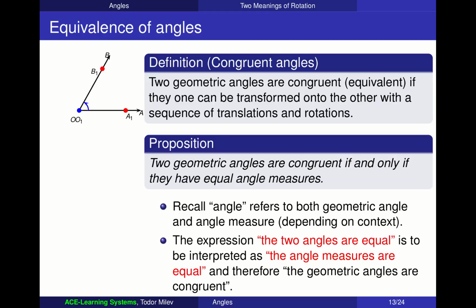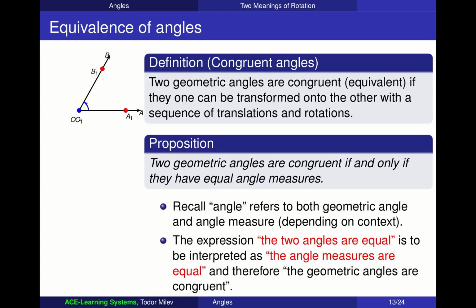So if you hear a mathematician or non-mathematician say, well, these two angles are equal, however, you see that the angles are in two different positions in space, so they clearly do not coincide, they don't have the same rays and the same origins, then you have to interpret their words as if they said that their two angle measures are equal.